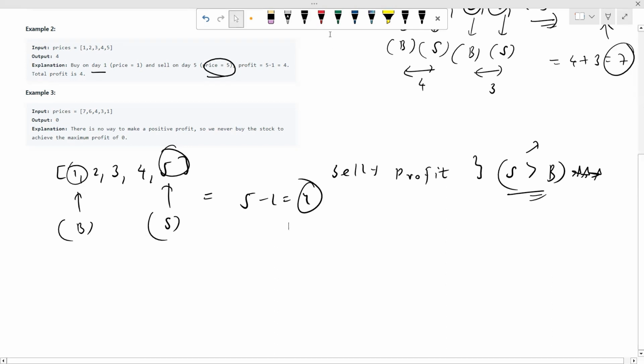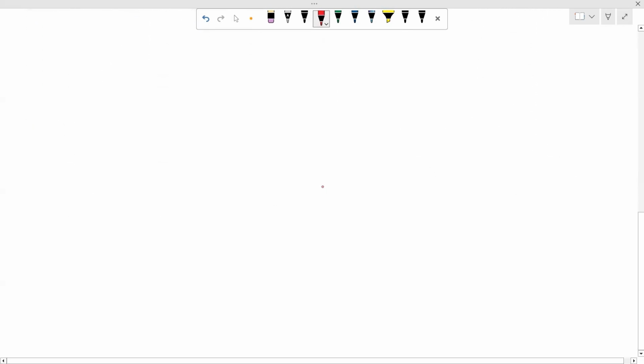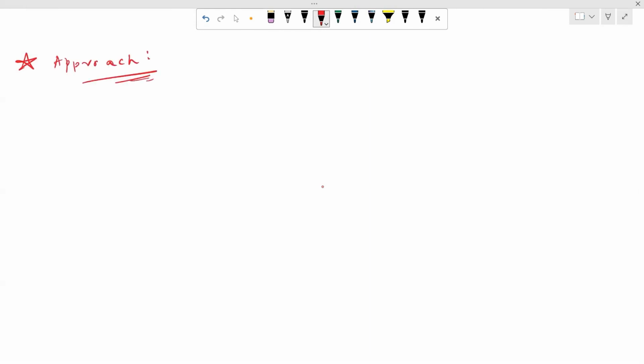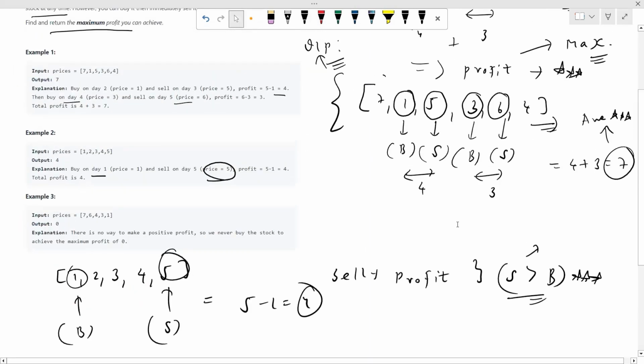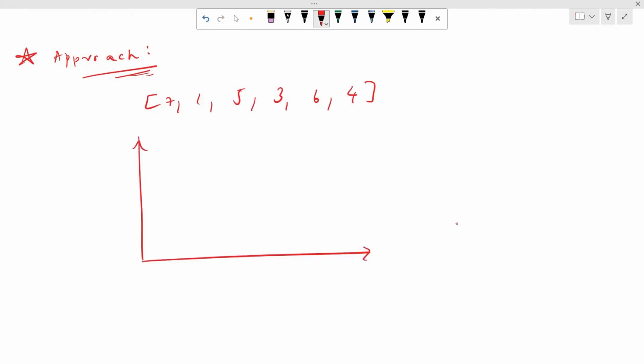So let's directly jump into the approach. Let's take this example, the first example: 7, 1, 5, 3, 6, 4, right? Now let's try to make a graph for the same. This will be price and this will be day.